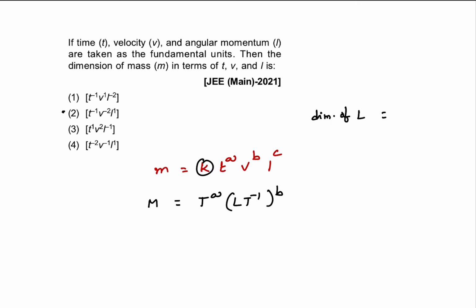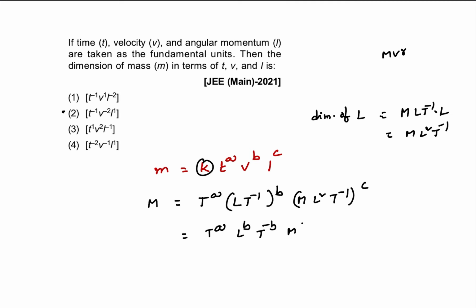Angular momentum. What is the angular momentum dimension? Dimension of L: you can write L is equal to m into v into r. So m is nothing but capital M. Velocity is L T power minus 1. Radius is L. So you can write M L square T power minus 1. I am writing M L square T power minus 1, whole power c.